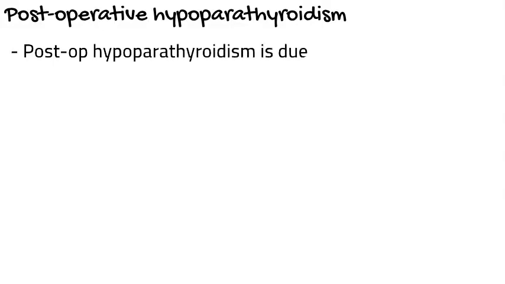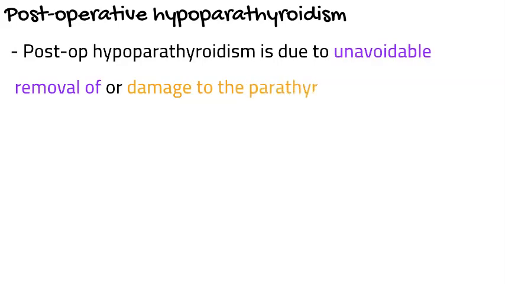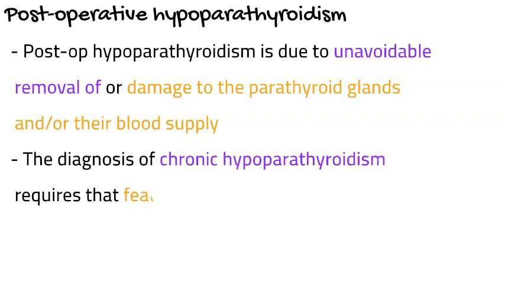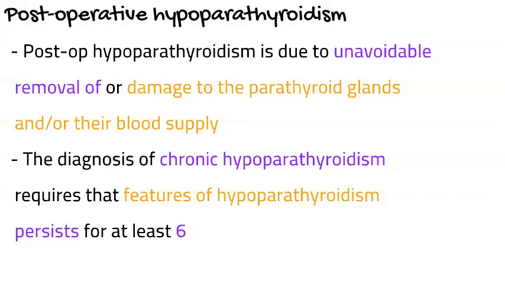Postoperative hypoparathyroidism is due to unavoidable removal of or damage to the parathyroid glands and/or their blood supply. The diagnosis of chronic hypoparathyroidism requires that features of hypoparathyroidism persist for at least 6 months after surgery.